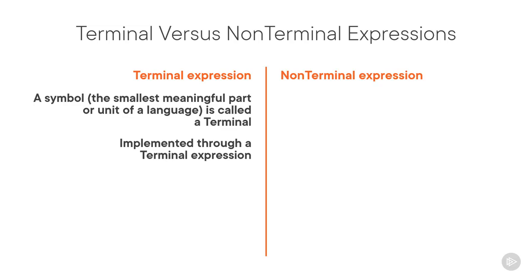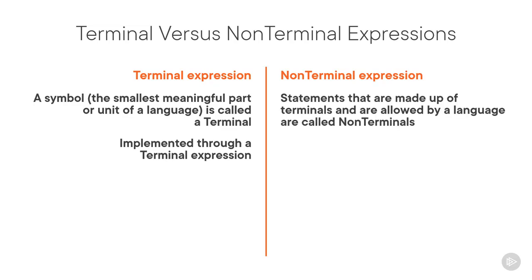When you think about it, you notice that all these terminals make up statements. For example, 5 plus 10 equals 15. That's a statement made up of a set of terminals. In a programming language, you could have a while or a conditional statement made up of terminals. Well, the statements that are made up of terminals and that are allowed by a language, those are called non-terminals. Non-terminals can consist of terminals and/or additional non-terminals.